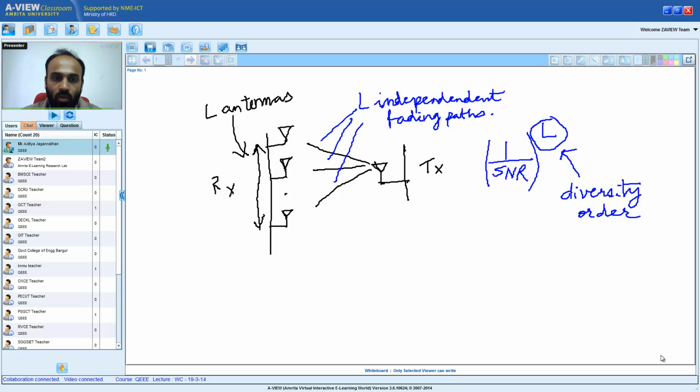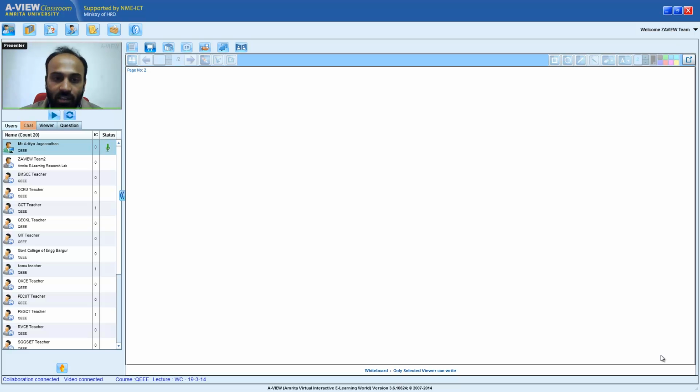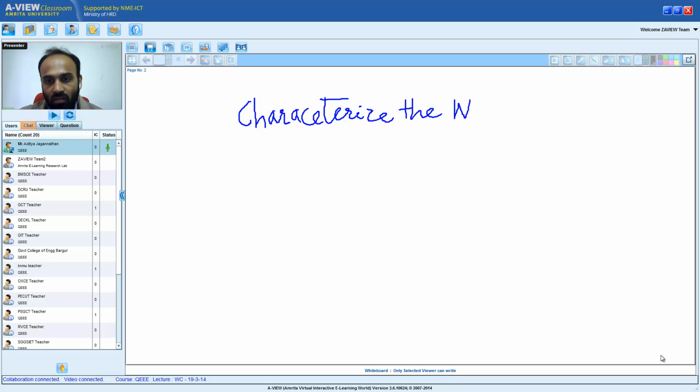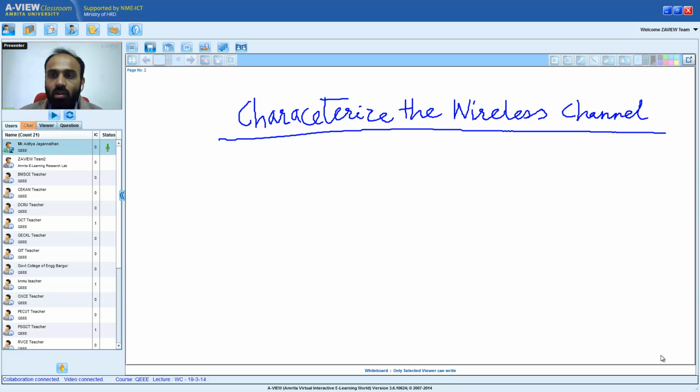So what I'm going to start talking about next is basically characterization, or essentially what are the parameters which characterize the wireless channel? What are some of the parameters which characterize the wireless channel?